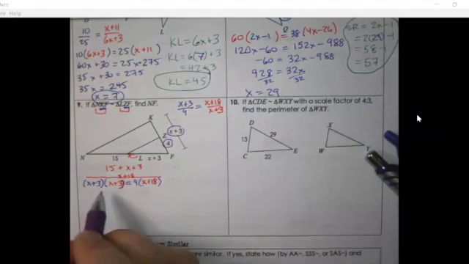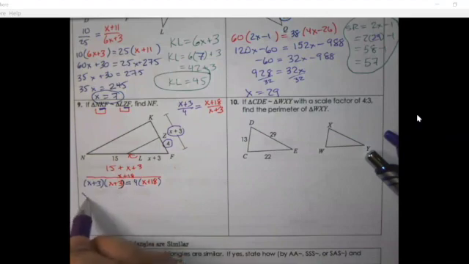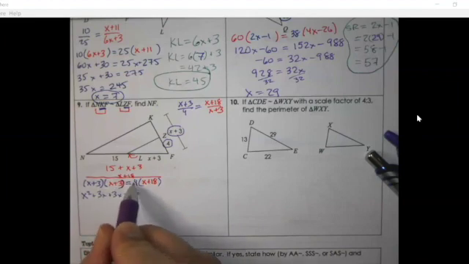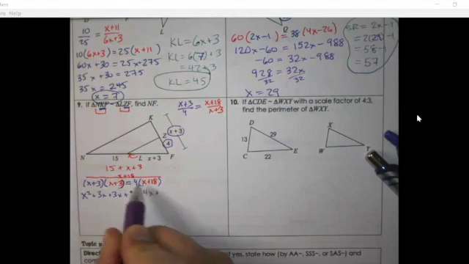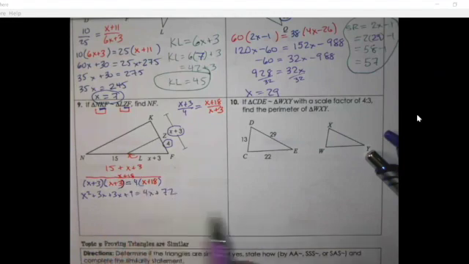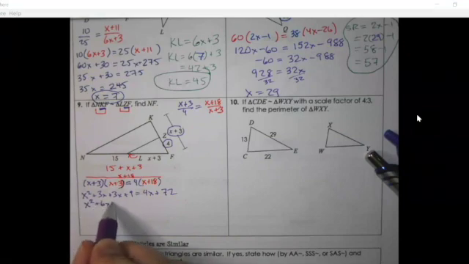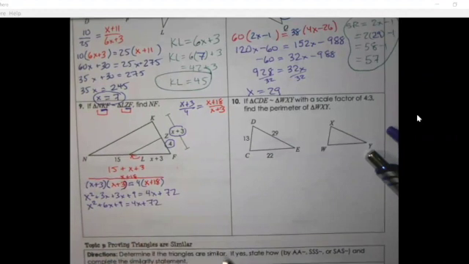So x plus 3 times x plus 3: x times x is x squared, plus 3x plus another 3x, plus 9. And this is 4x plus 72. So this cleans up to x squared plus 6x plus 9 equals 4x plus 72.